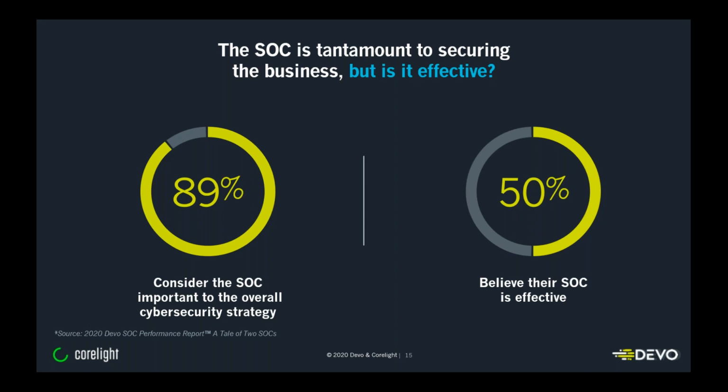And out of the large number of respondents, we still see some really scary percentages in the industry, such as these presented here: 89% consider the Security Operations Center important to their overall cyber strategy, but only 50% actually feel that their SOC is effective. Those numbers really don't line up well when you're trying to talk to senior management about investing in these technologies, people, and processes, if they're not getting the support they need.